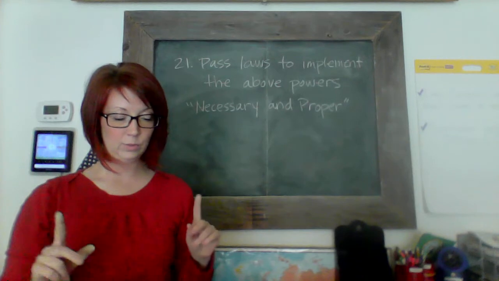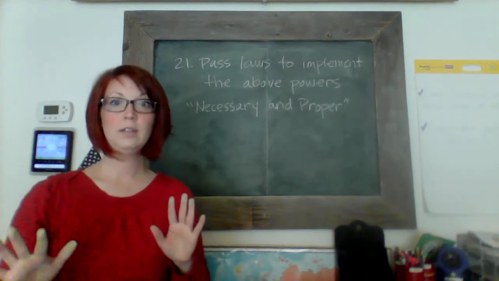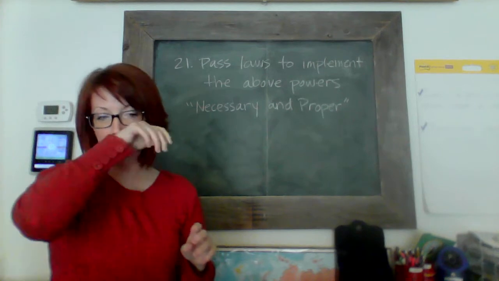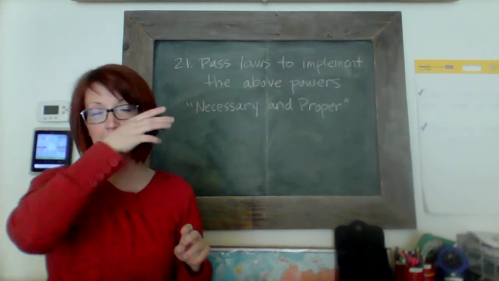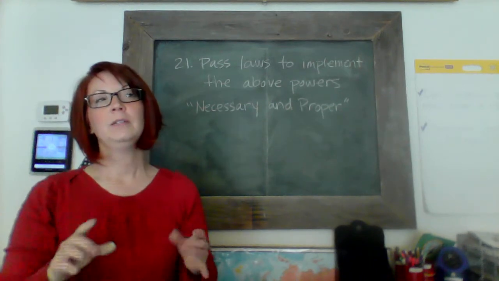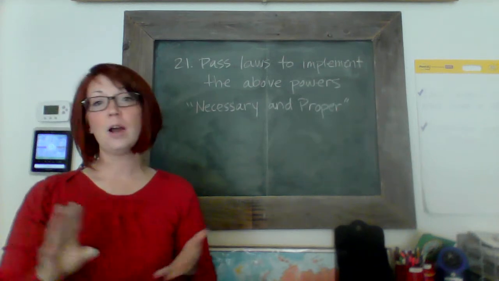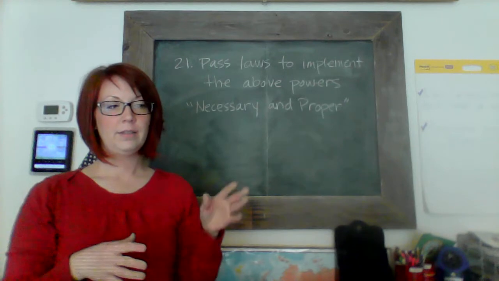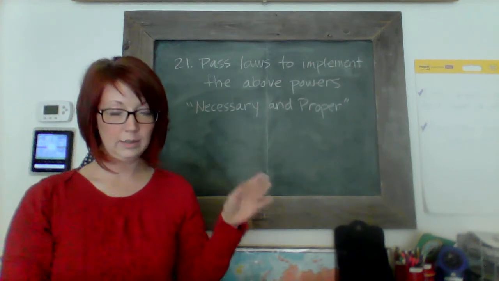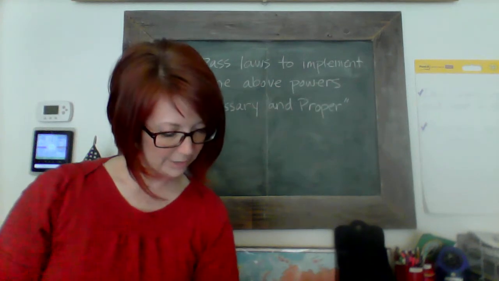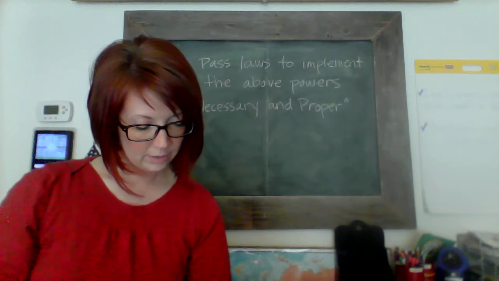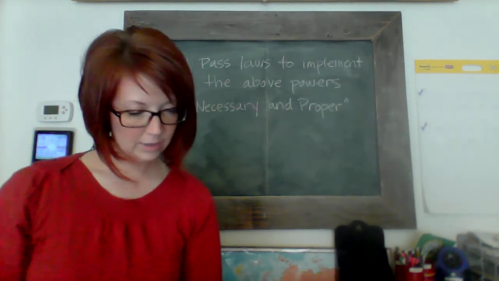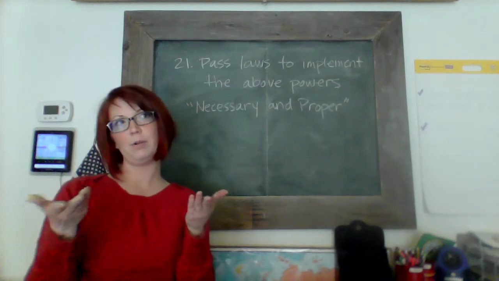So this one has been under a lot of debate. Initially, Alexander Hamilton, James Madison, Thomas Jefferson, they all agreed that this meant that the Congress was limited. Oh no, sorry. Let me go back to necessary and proper.